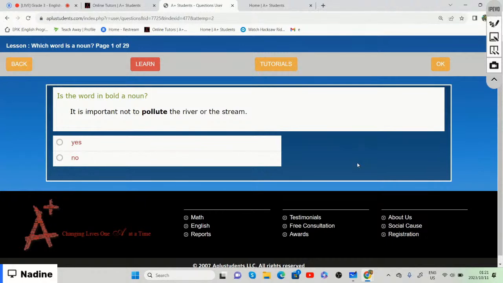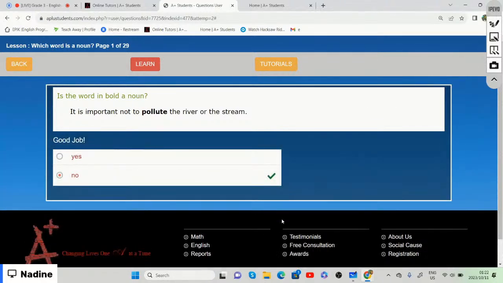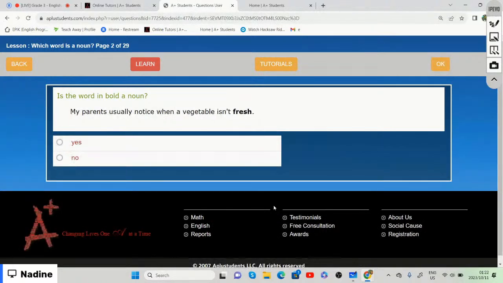All right, so pollute, we can say no. So that is correct. No, it is not a noun. It does not name a person, place, animal, or idea.